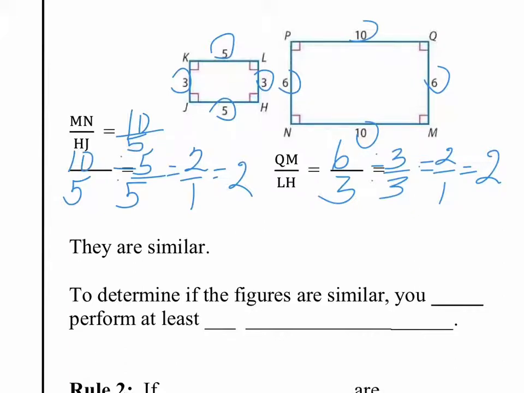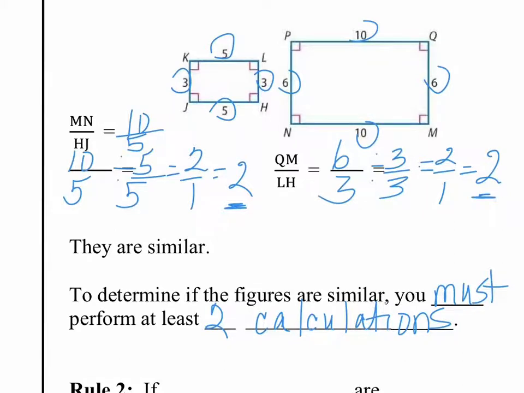They are similar. To determine if figures are similar, you must perform at least two calculations. Which we did. We did one here and two here, and they were equal, so those two rectangles are similar.